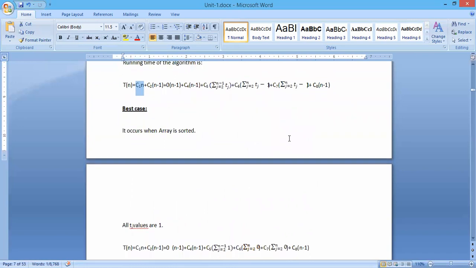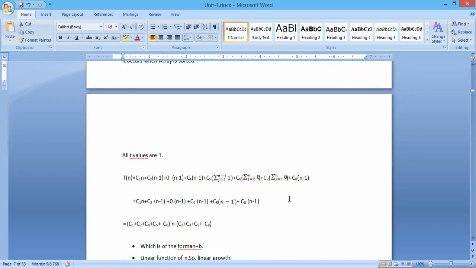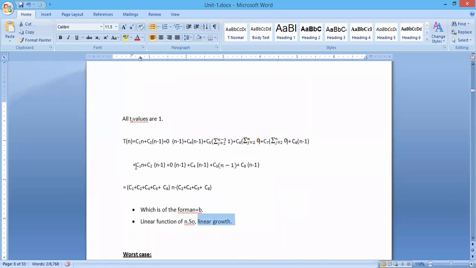So can anyone tell me what type of equation we are going to create here? It's a linear equation. So this is called a linear growth, we can say, like C n minus 1, then so on, n minus 1, C8 again n minus 1. So it becomes a linear equation.